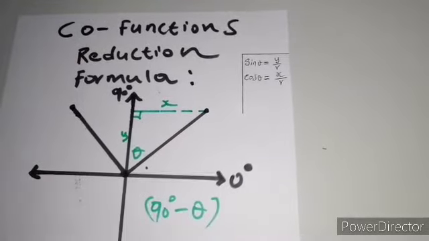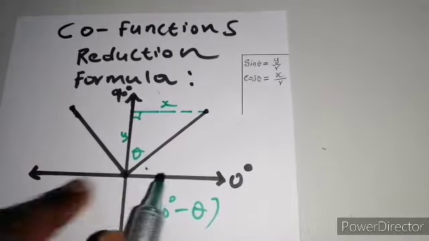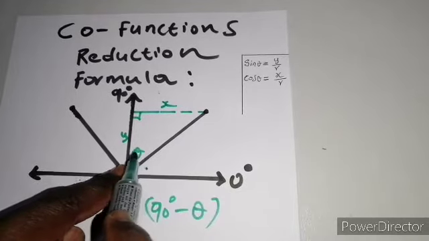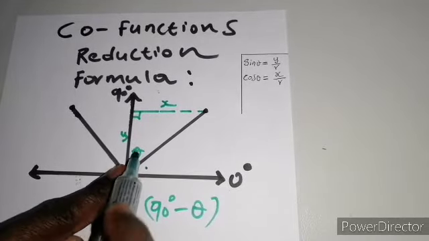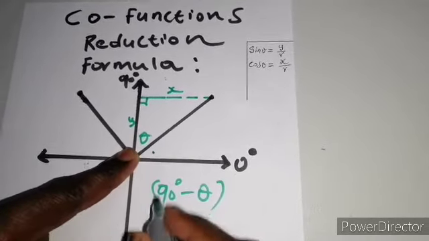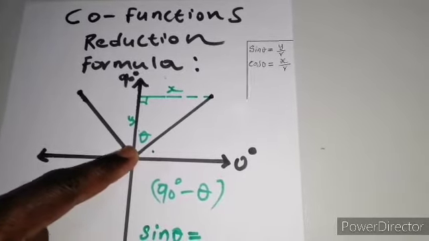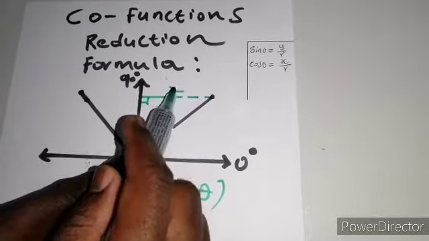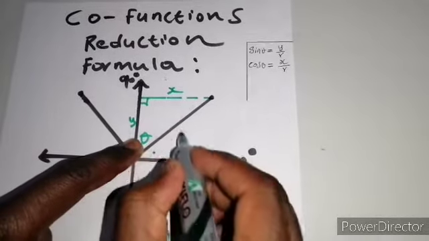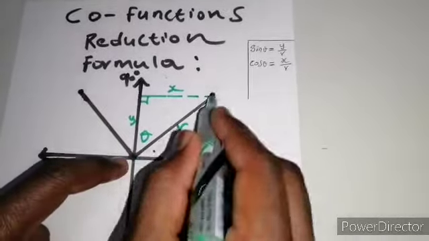Now when you find the definition of a function of this angle, for example, the sine of theta is equal to opposite divided by hypotenuse. Hypotenuse is the length of the radius r.